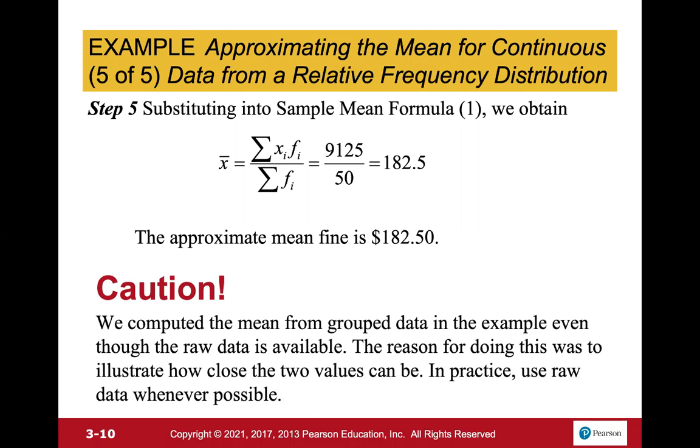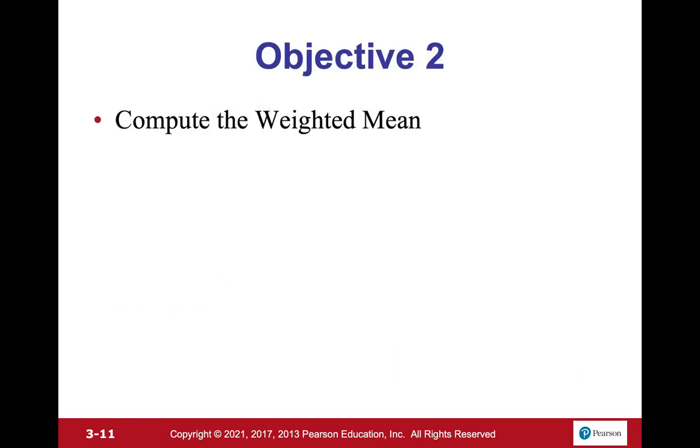This is just an approximated mean because we don't have the raw data immediately in front of us right now. So the reason for doing this was to illustrate how close the two values can be. So in practice, use the raw data whenever possible, because that's going to give you a more exact, or better approximated, value of the mean. We just happen to not have the raw data, so we would just do it from there.